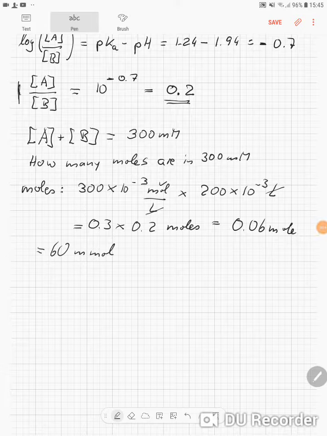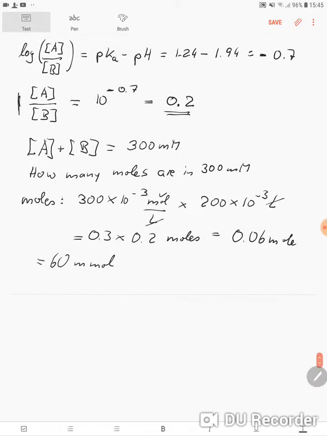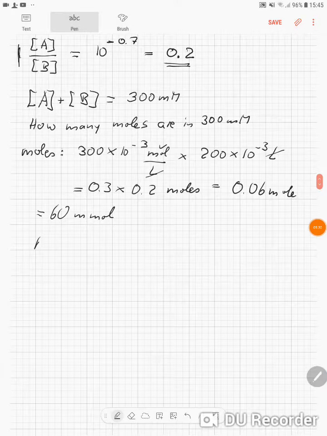That A over B is 0.2. So we have A over B equals 0.2.